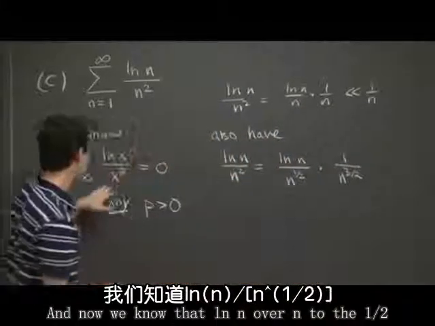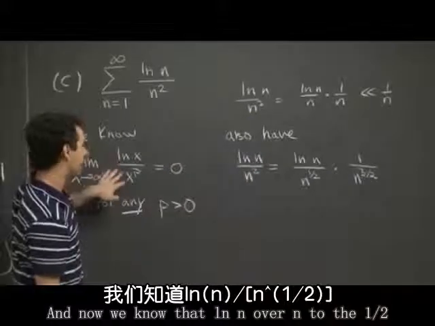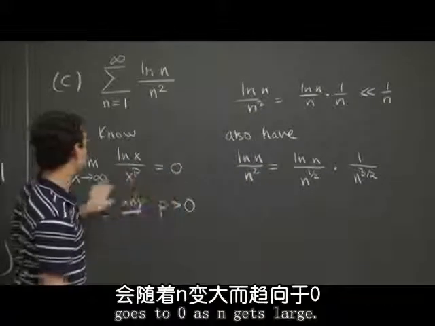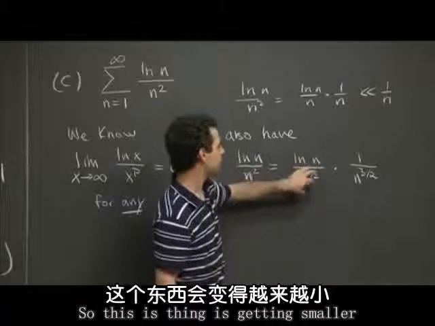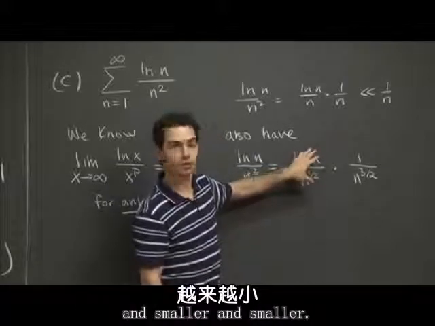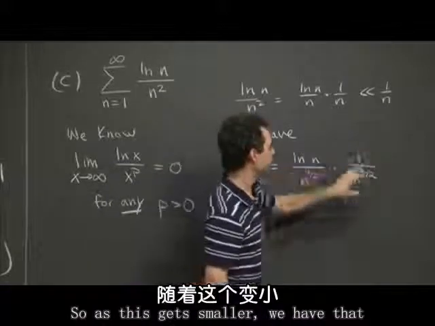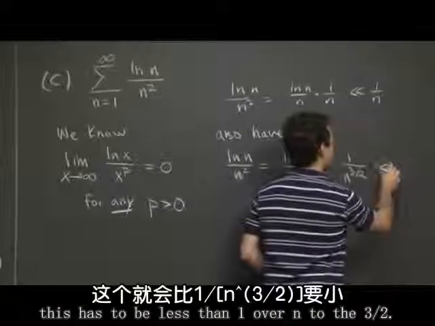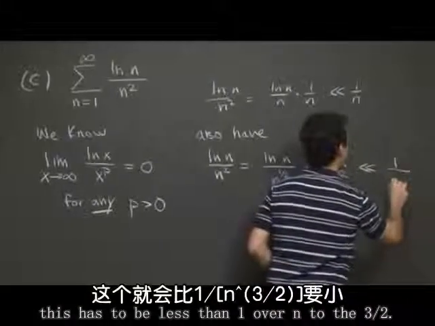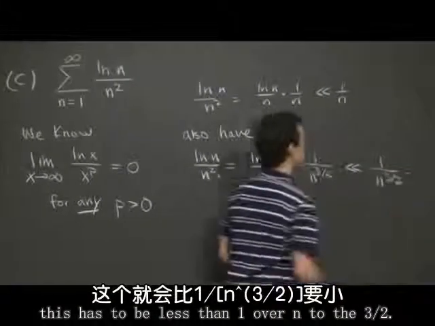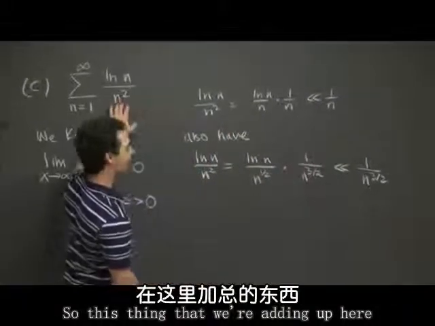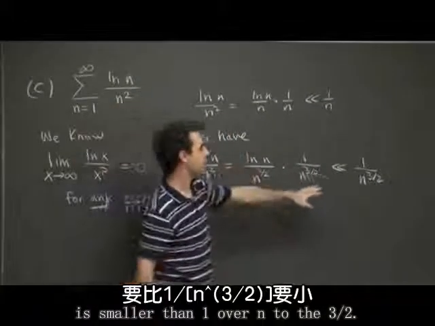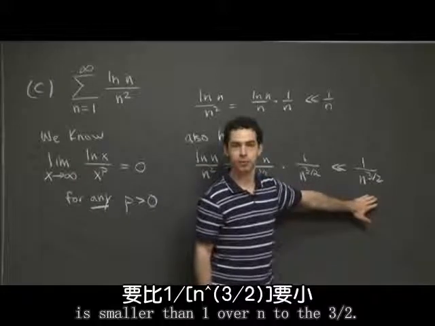And now we know that ln n over n to the 1/2 goes to 0 as n gets large. So this thing is getting smaller and smaller and smaller. So as this gets smaller, this has to be less than 1 over n to the 3/2. So this thing that we're adding up here is smaller than 1 over n to the 3/2.